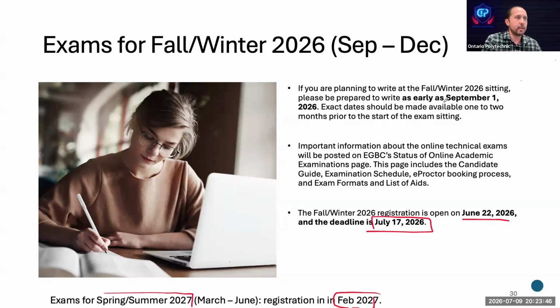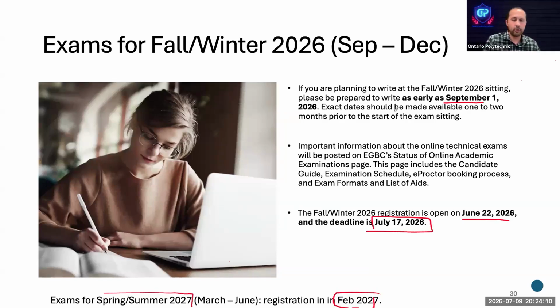The exams are going to start anywhere from September 1st to December, usually December 10. They will post the schedule in a couple of weeks, but you have to register for the exam now. At the end of August, they tell you if your exam is in October, November, or December.